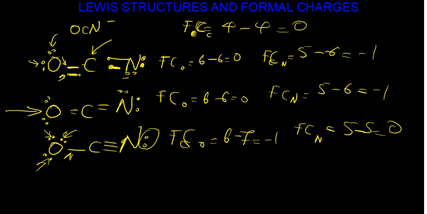Okay. No, on the first one, this compound, the formal charge for the oxygen and also for the nitrogen, I think I have swapped them. Let me just redraw that one.